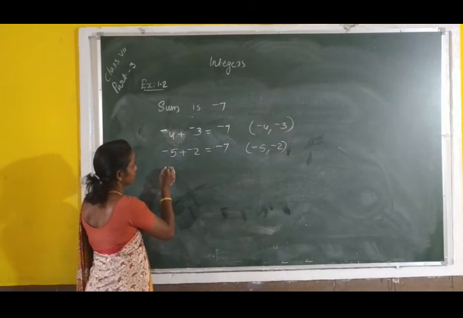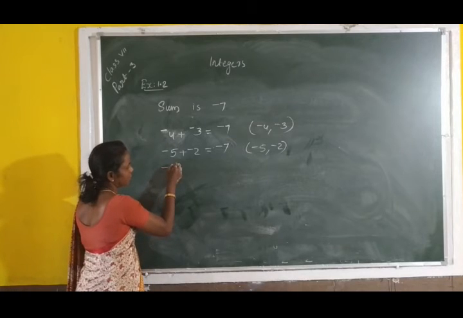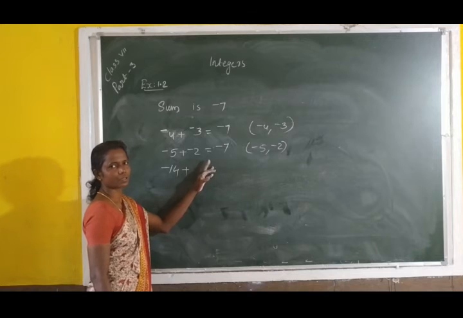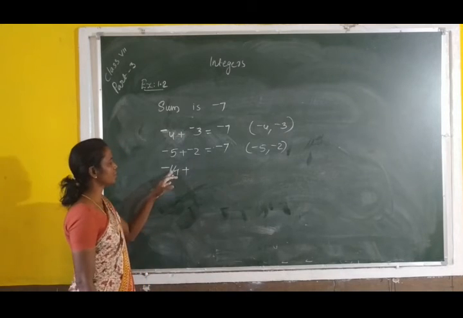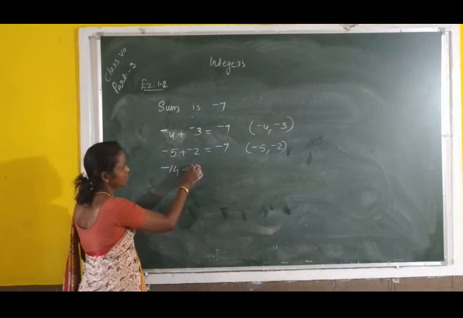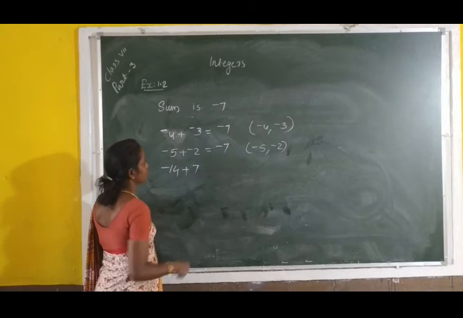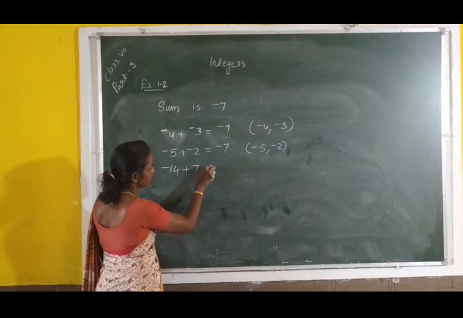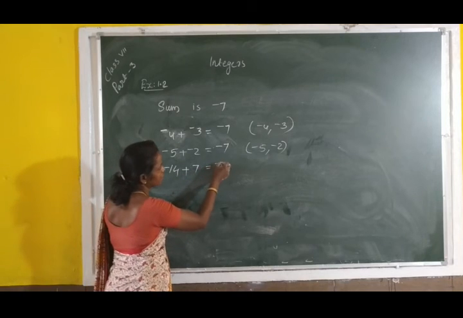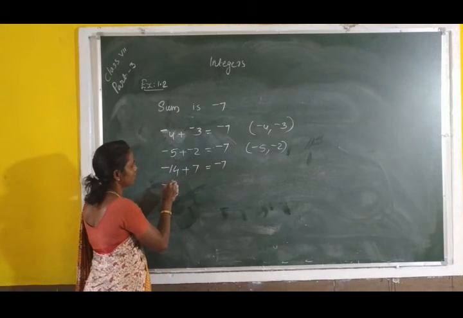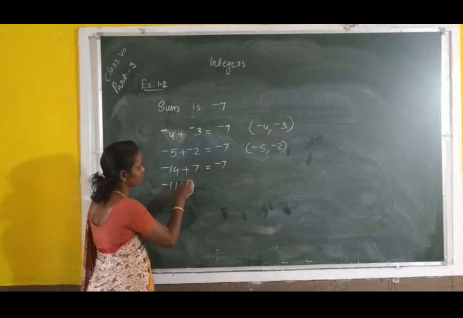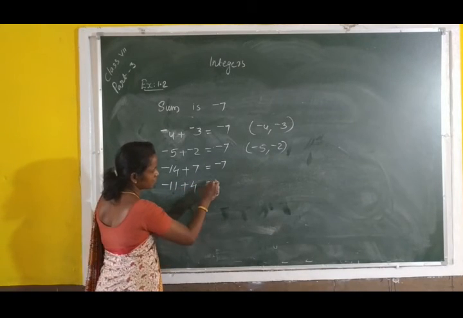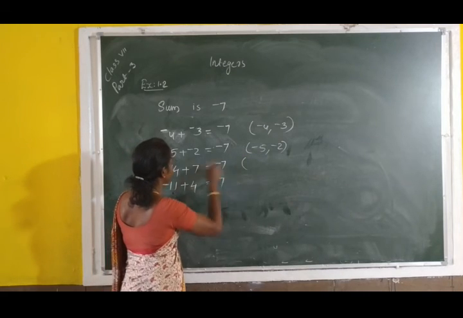The next, look, negative 14 plus which number is negative 7? Look, negative 14 plus 7. What is its answer? Negative 7. Or negative 11 plus which number? 4 is equal to negative 7.